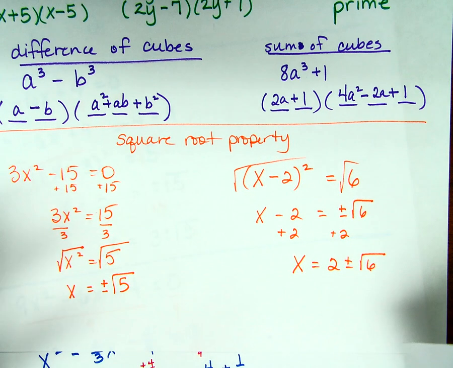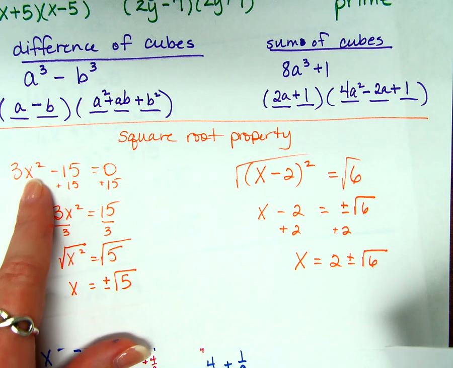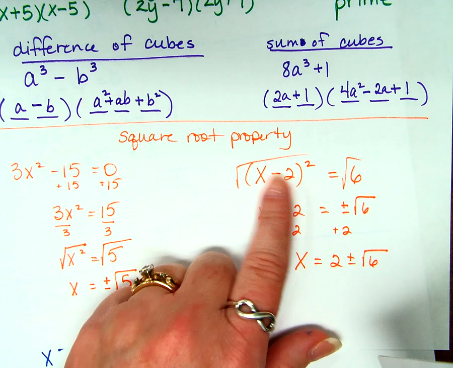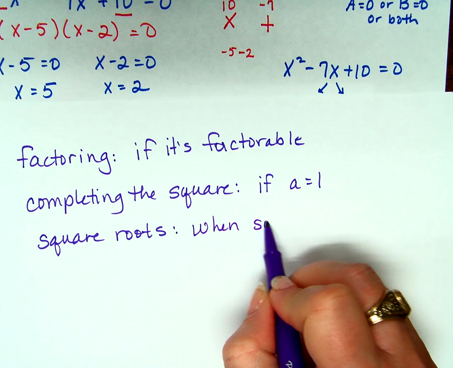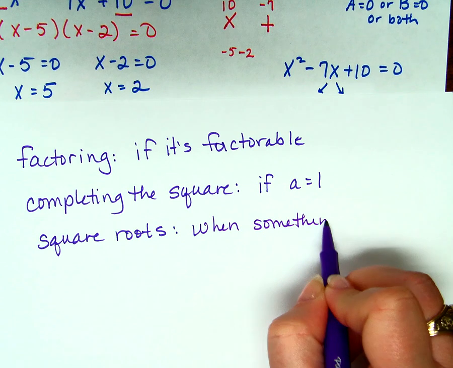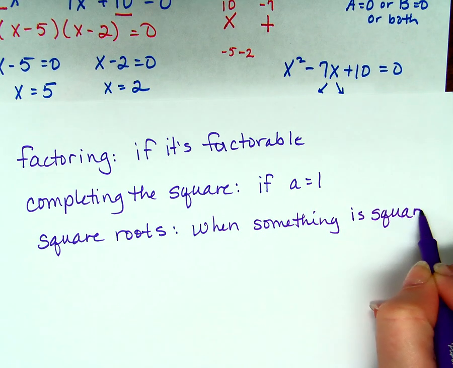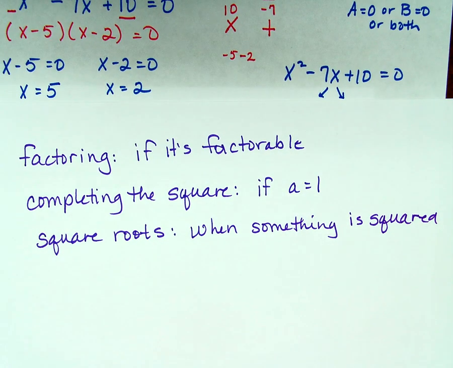When there's something that's squared, either just the x by itself, or just the x squared by itself, like in this problem, or something's already actually squared, like in this problem. So when something is squared, because then we can undo it by square rooting it, can't we?